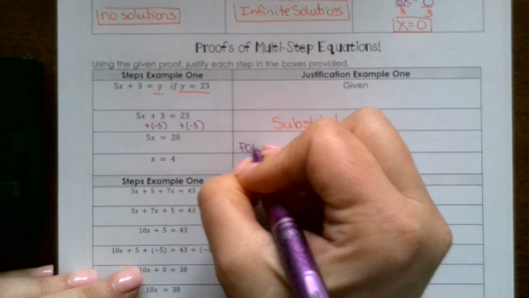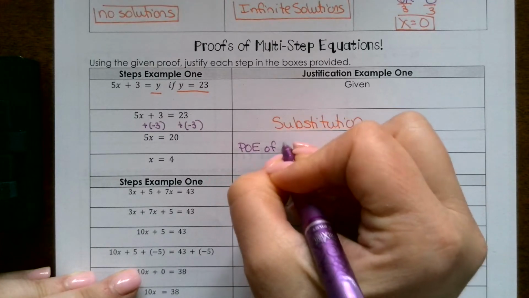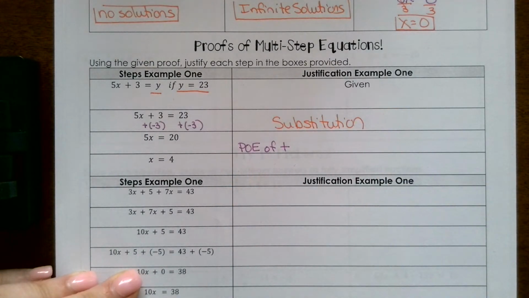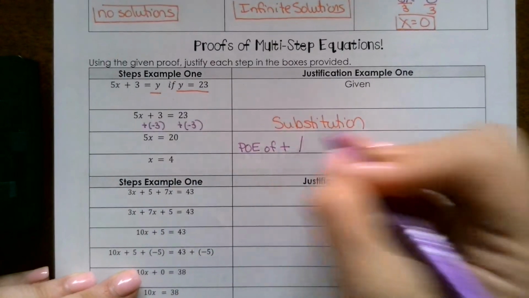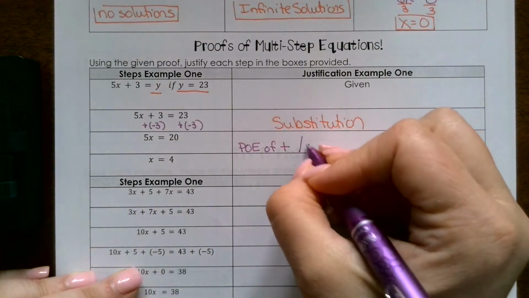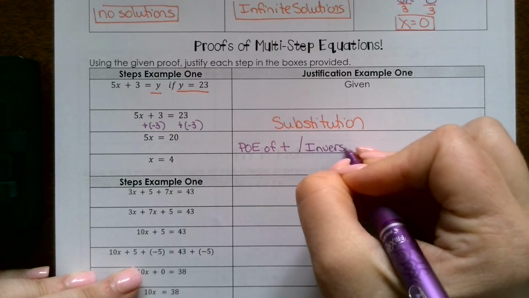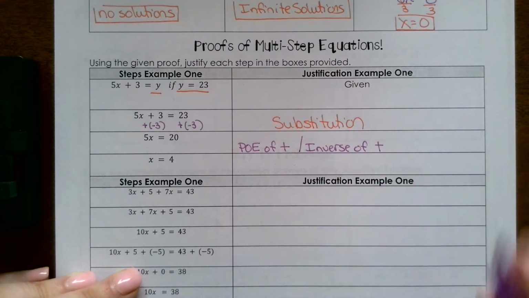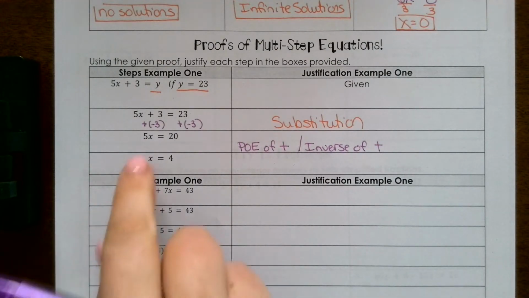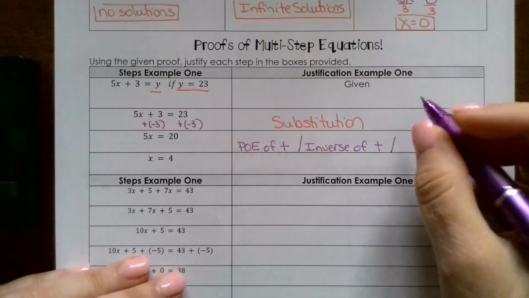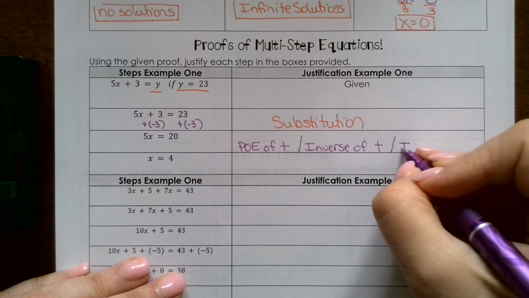That's the addition property of equality. And then you know that that results in a 0. So that is the inverse of addition. And finally, I know that 0 plus any number is just the number. And the result is the identity.